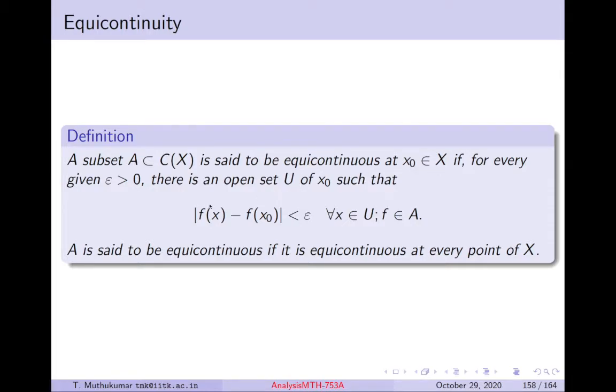Basically it's the definition of continuity: for every epsilon there is an open set such that this is valid. The thing is, the open set that you obtain for any given epsilon is valid uniformly for all f in A. Whenever this happens, we say A is equicontinuous at x0. We say A is equicontinuous if it's equicontinuous at every point of capital X.